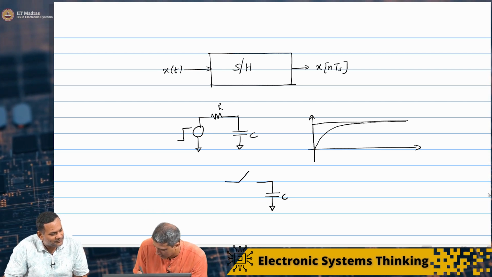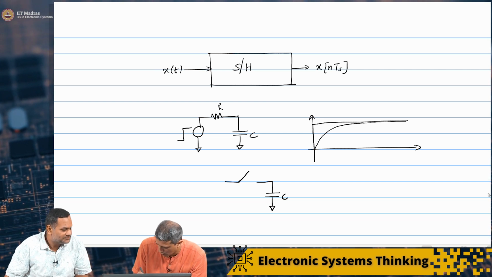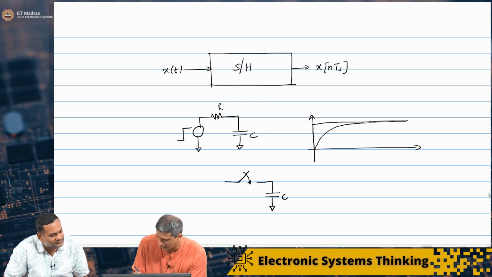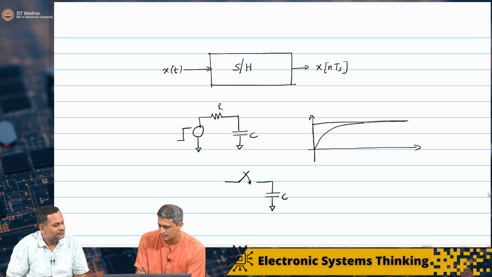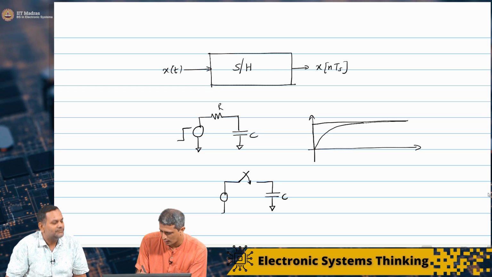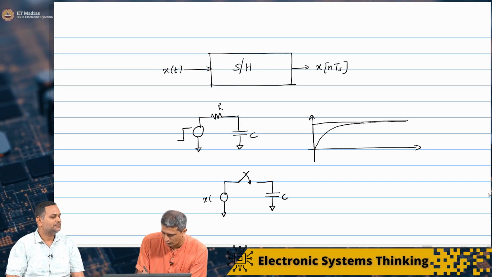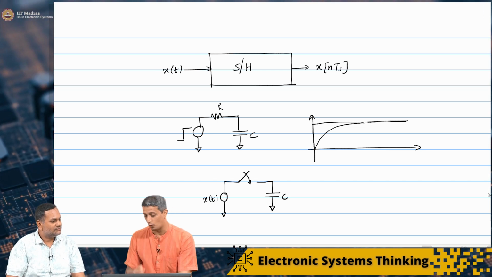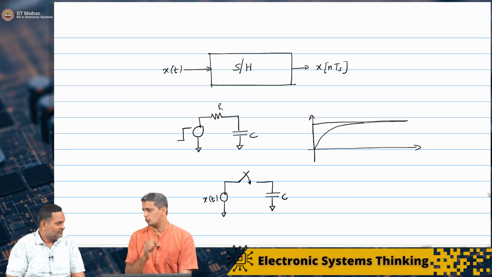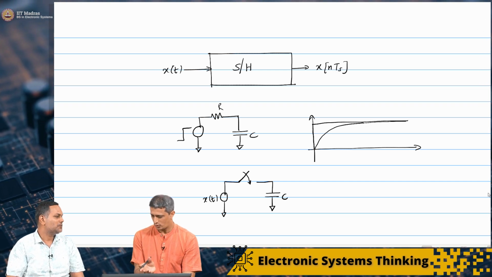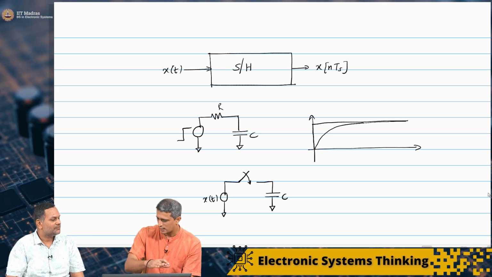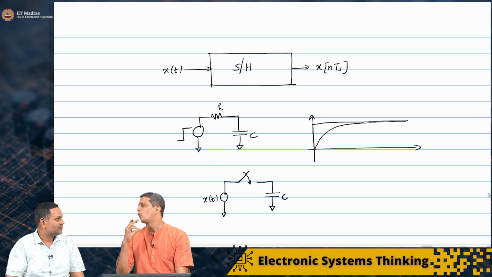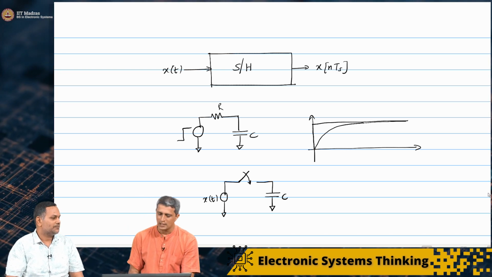So we'll represent a switch by this. If it is closed, it means there is a short circuit and the input voltage, this x of t, will get connected to the capacitor. If you disconnect it, the capacitor is simply going to hold that value. Hold the charge.